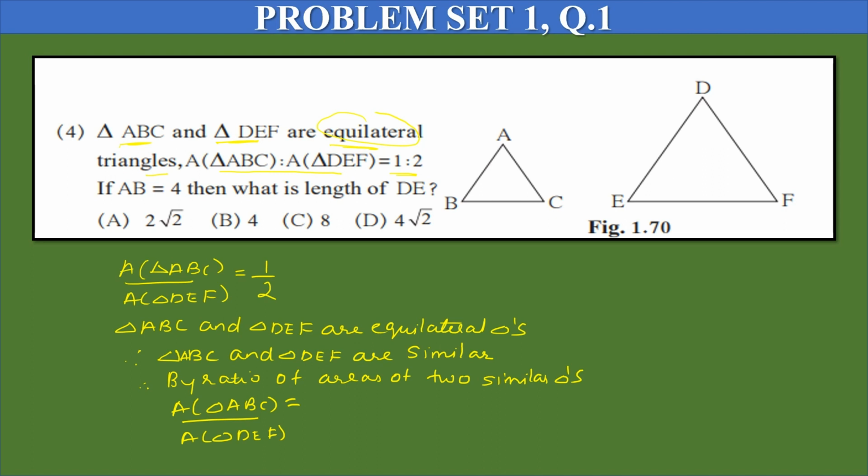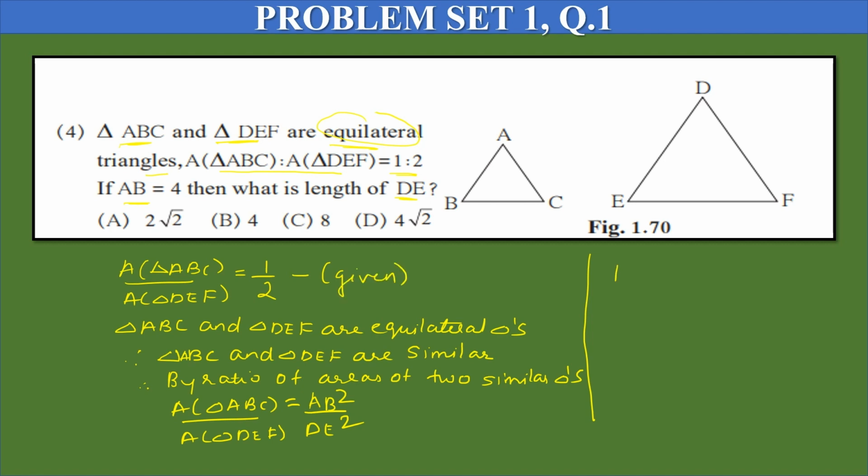We'll take AB. Why? Because in the question the value of AB is given and we have to find the length of DE. So we can write AB square upon DE square. The areas of triangle ABC and triangle DEF in the question are already given, it is 1:2, and we had written it here also.